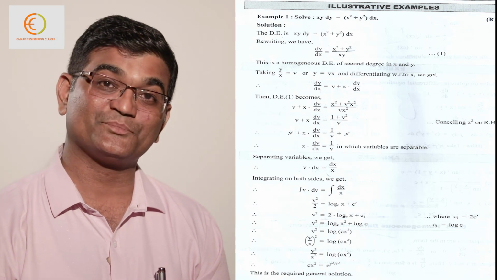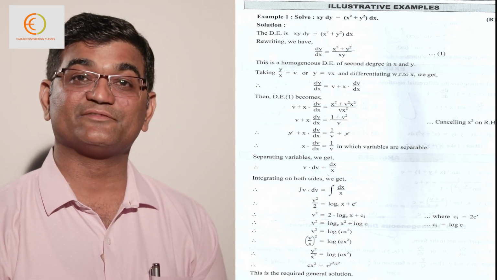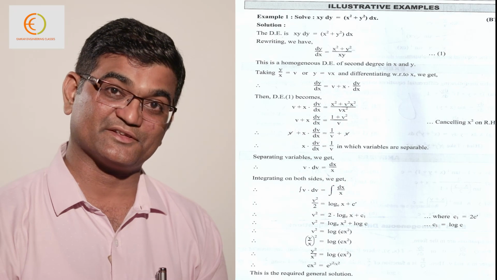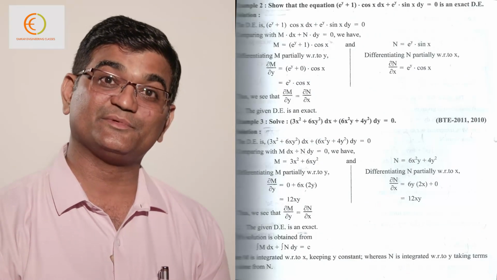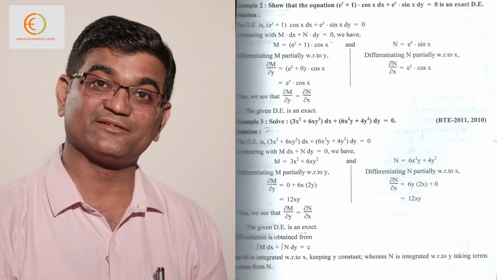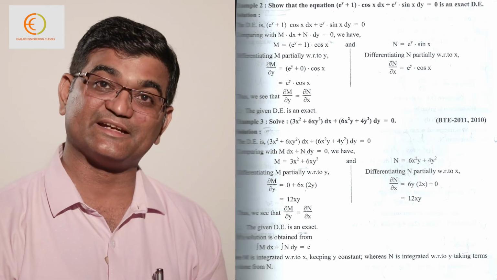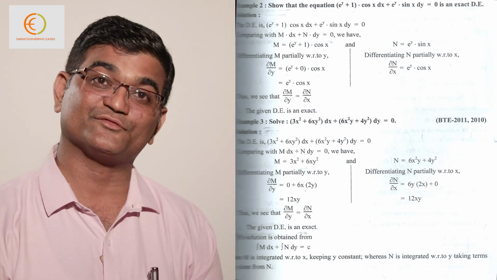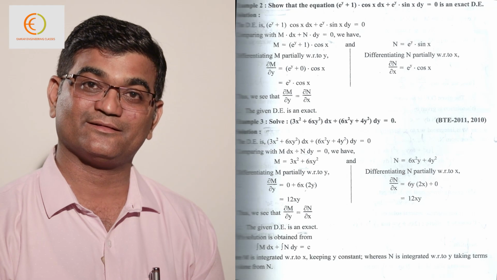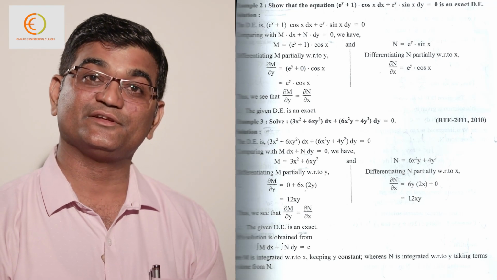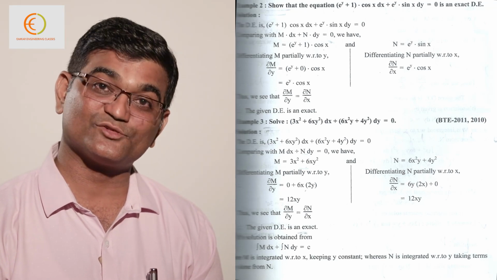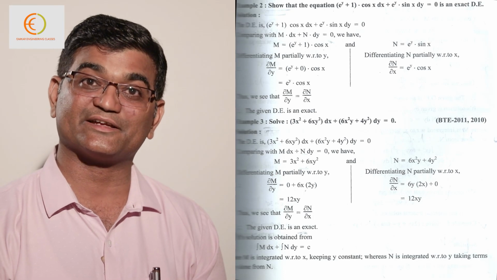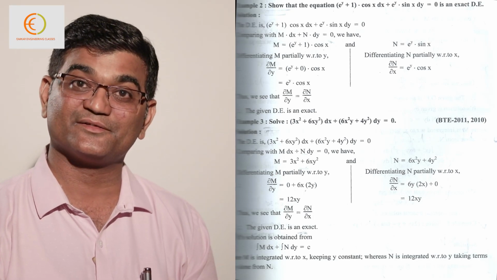Most importantly, they will ask linear differential equation and exact differential equation. First will be exact differential equation, that is nothing but m dx plus n dy is equal to 0. You need to find out m and n. In case of m, you need to take the derivative by taking x constant. In case of n, you need to take the derivative by taking y constant.